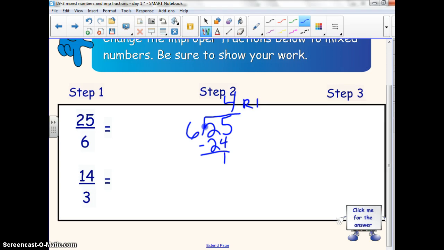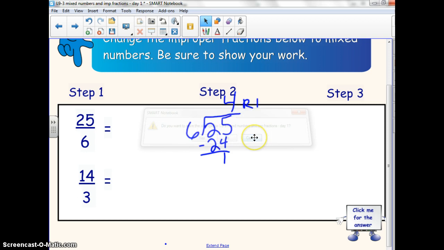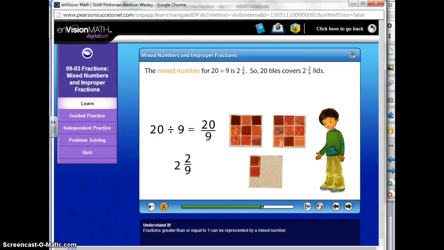How can we take this and put it in mixed number form? Sorry about this, guys.